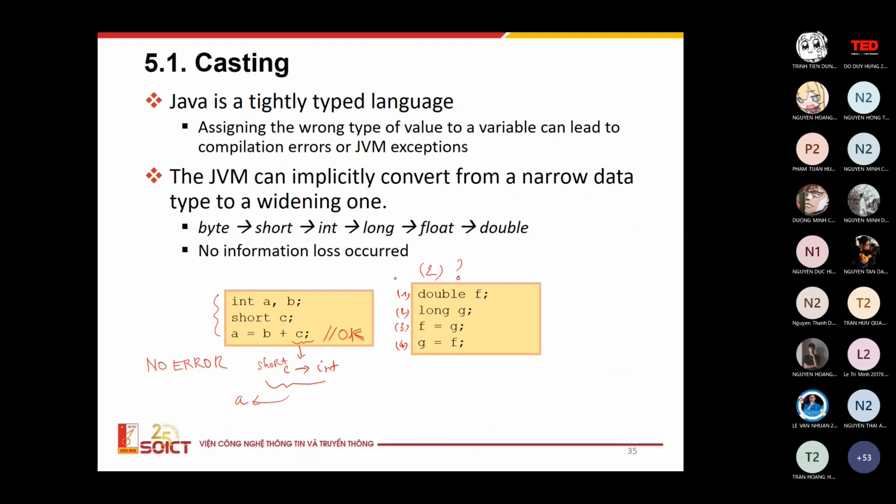The next variable is declared with the identifier g and has the data type long, with a size of 8 bytes. In the third command we assign the value of g to f.